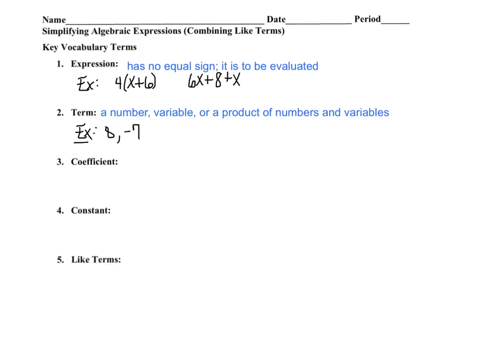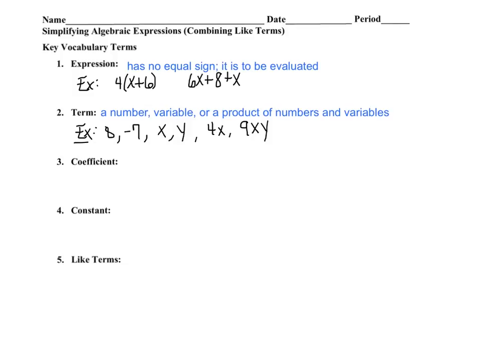It's also a variable, like x and y. And it's also a product of numbers and variables, something like 4x or 9xy. Those are all examples of terms.